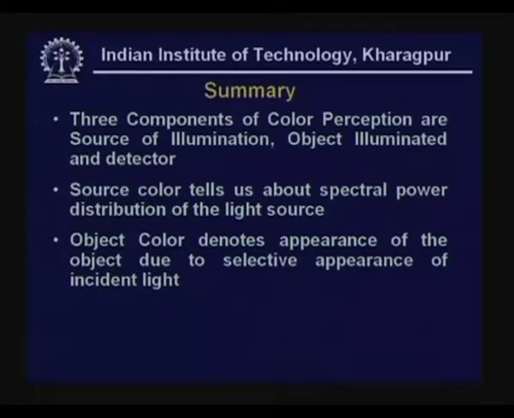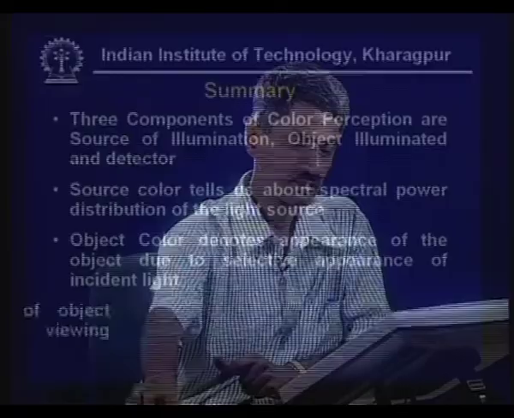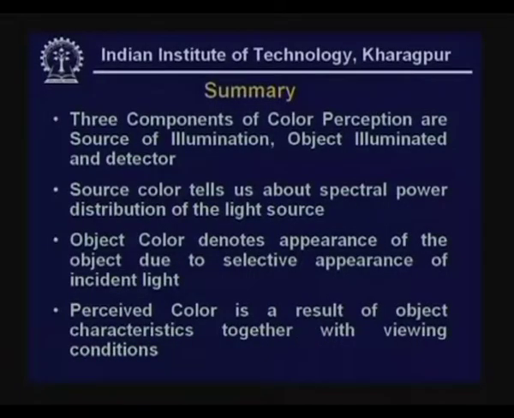This is due to the selective absorption of certain wavelengths from the incident light, and object appearance very much depends on the reflected light. The perceived color we have already been talking about is the combination of the object characteristics together with the viewing conditions, namely the direction and the ability of the observer.